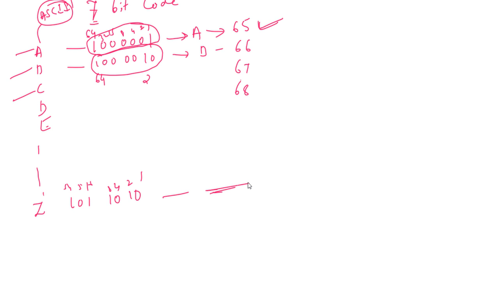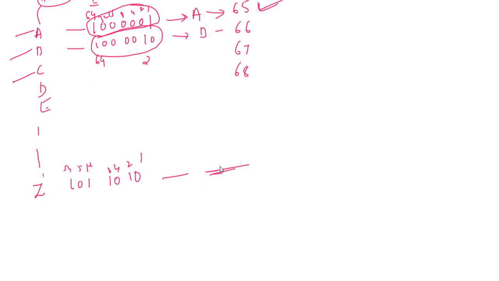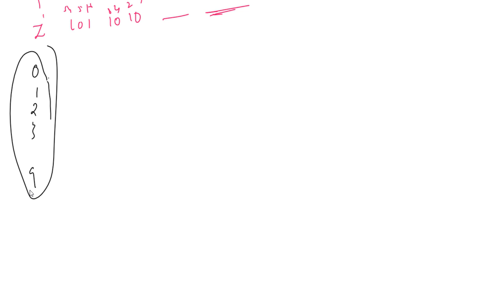And after Z, other values are also there. Up to A to Z, the characters are done. For decimal digits, for example, 0 1 2 3 up to 9 only, because the rest of the numbers are combinations of 0 to 9, right? If I want to write 10, I use 1 and 0. If I want to write 13, I use 1 and 3, right? So this is enough. For 0, what is the value in ASCII? I told you that 7 bits we need to use, right?